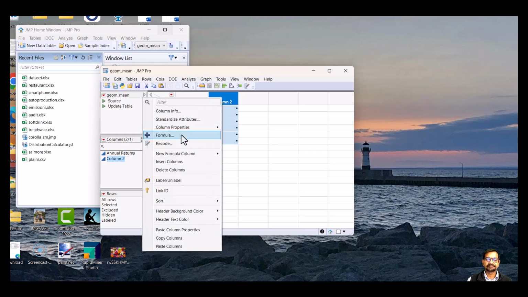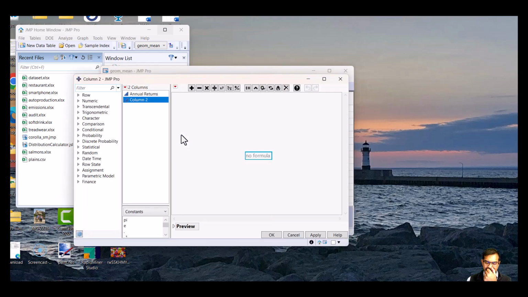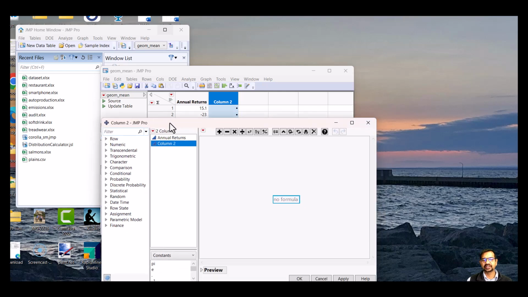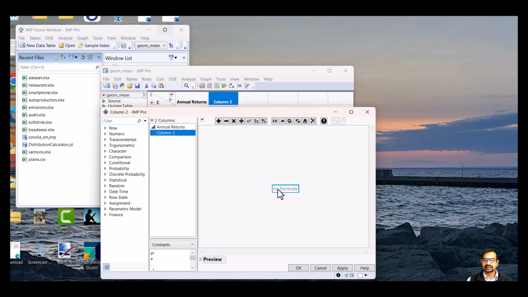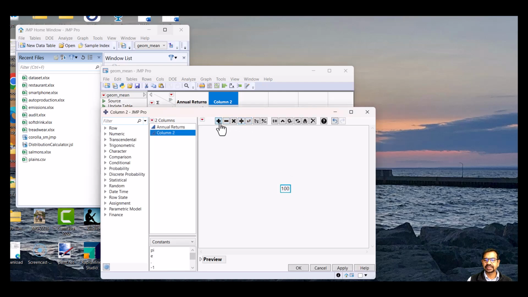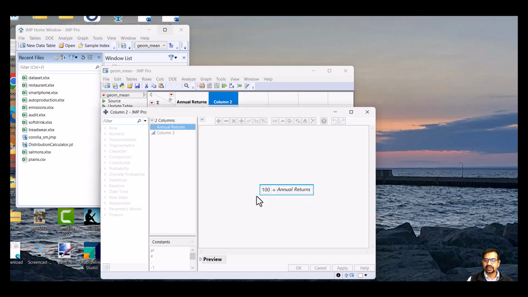So I click on formula, and what this column essentially is, our annual returns are in percentages. So we'll say 100 plus our annual return. I can drag my annual return here, but we need to divide this by 100 because we want to get our answers in decimal.